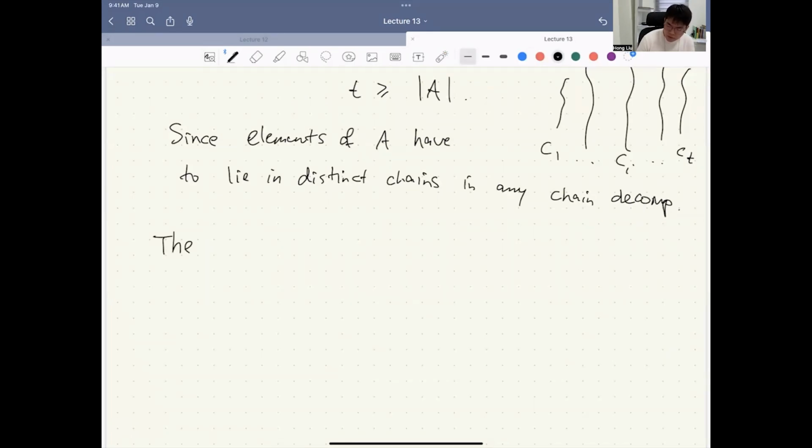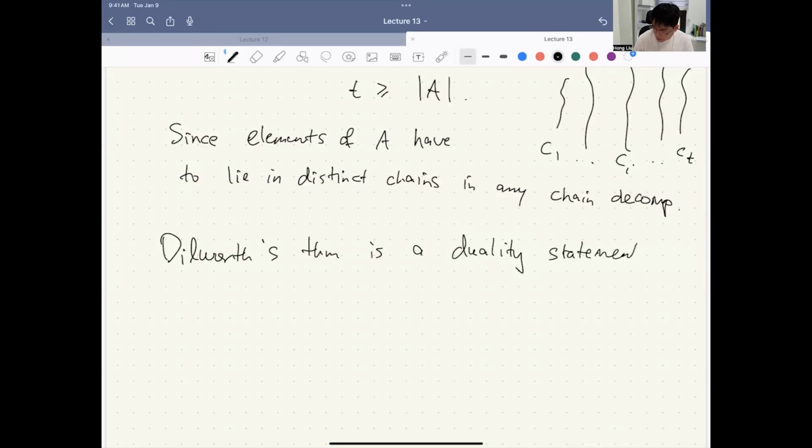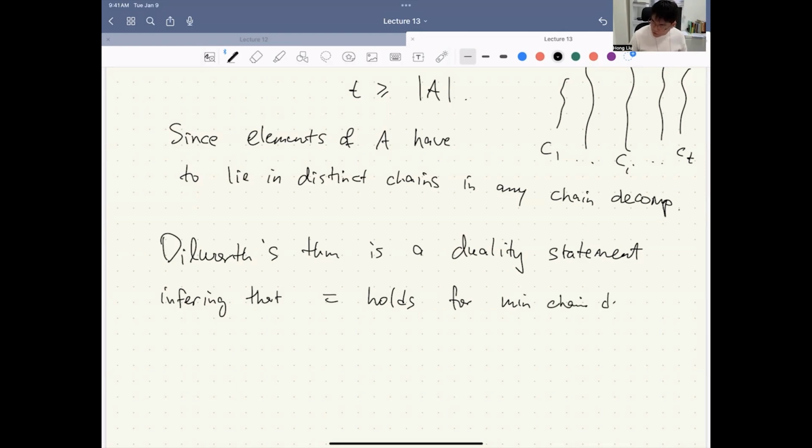The famous Dilworth theorem is a duality statement stating that the equality holds for minimum chain decomposition and maximum anti-chain.